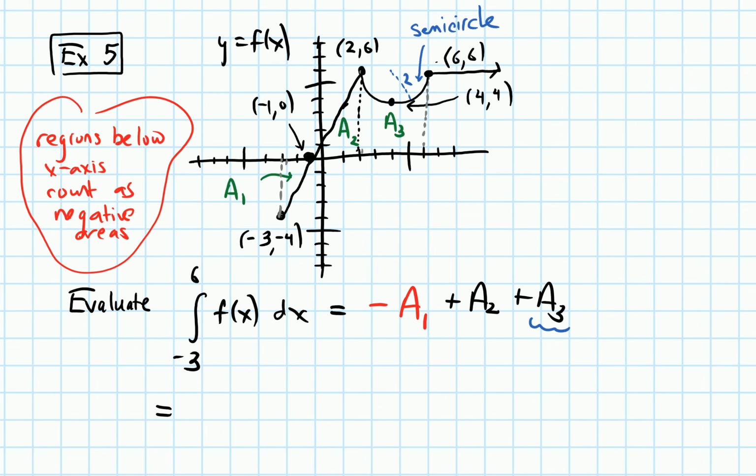I have that negative in front. It gets considered as a negative area because that part of the curve is below the x-axis, and regions below the x-axis count as negative areas. So I get negative 1/2 base times height, and the base of that triangle is 2, and the height is 4.